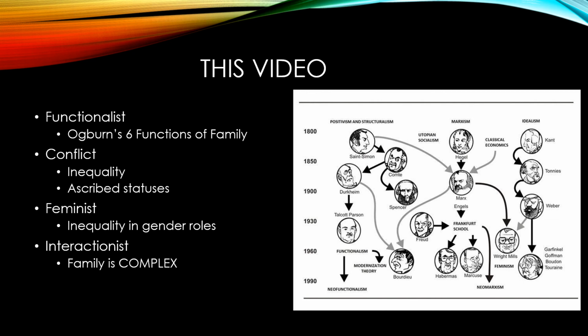And then in case you're trying to figure out this picture over here, it's basically a family tree of our different theorists. I liked it because I saw Durkheim and Marx, and you guys know who that is. So here's Durkheim. Here's Bourdieu, who we talked about with social networks a couple weeks ago, and here's Marx, and then here's Weber.